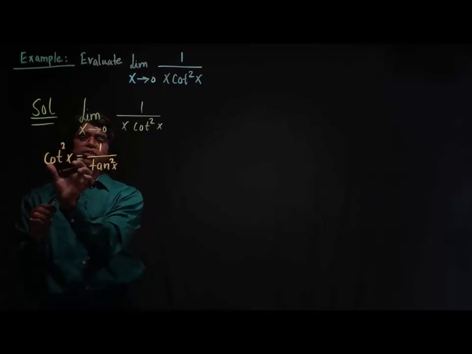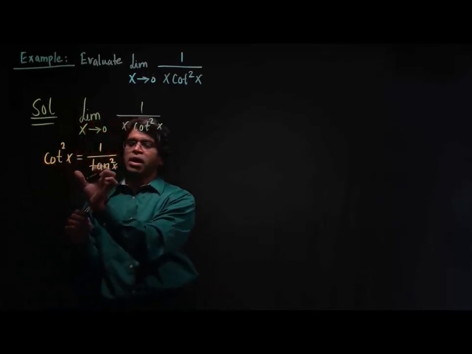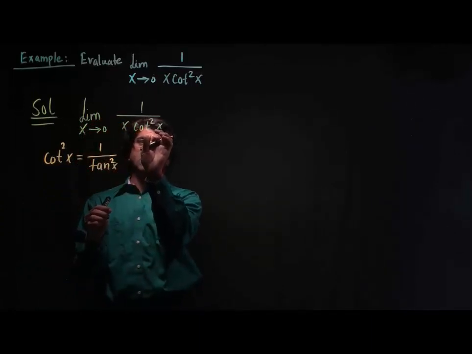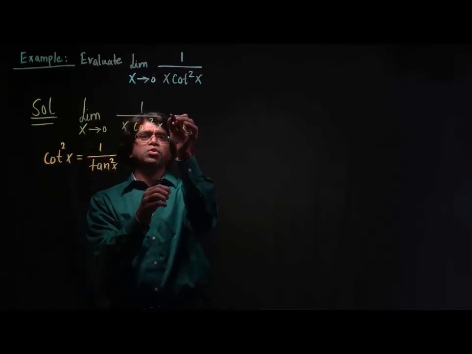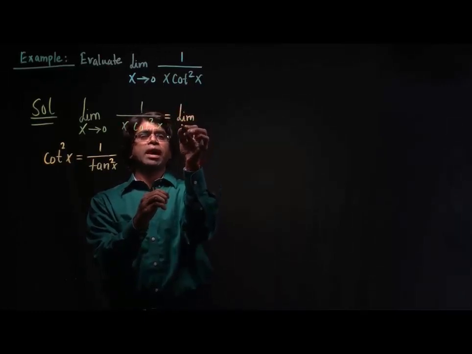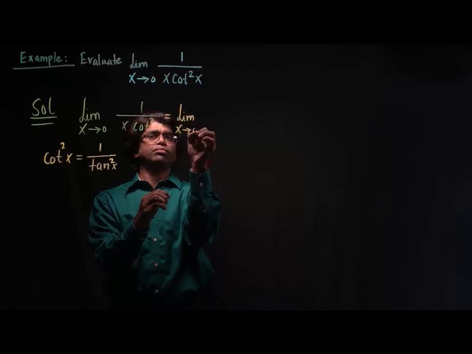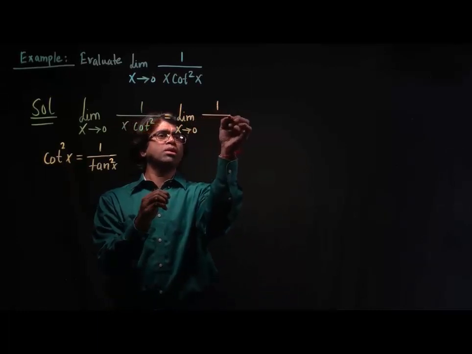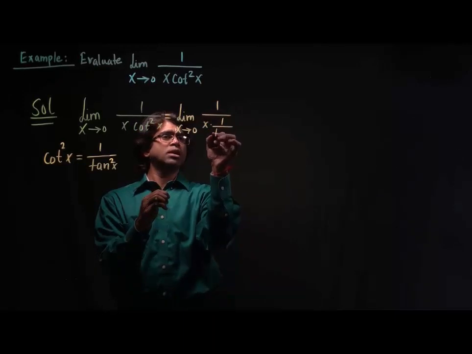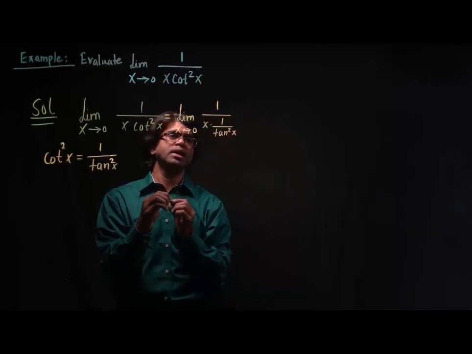So let's substitute cotangent square x as 1 over tangent square over here on this expression. And if we do that, we will write this one as limit x tends to 0, 1 over x times 1 over tangent square x.